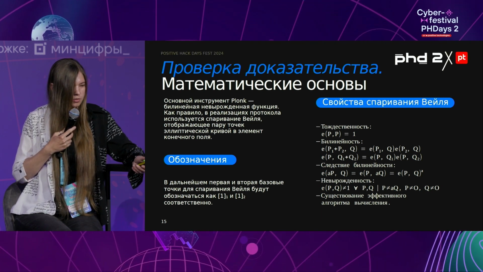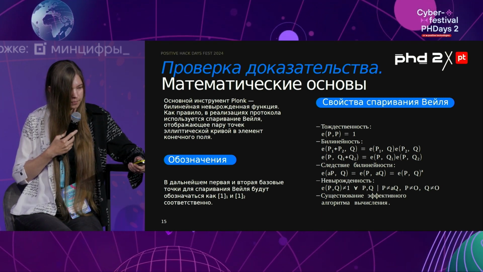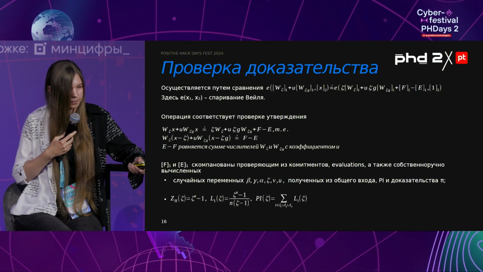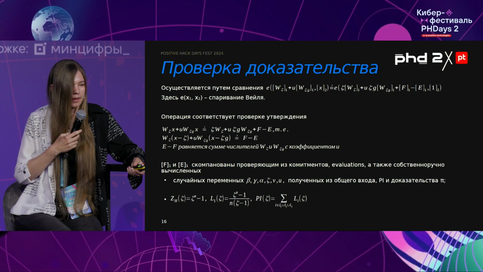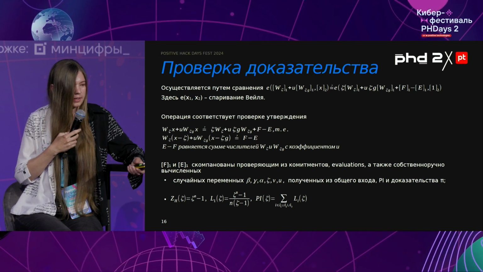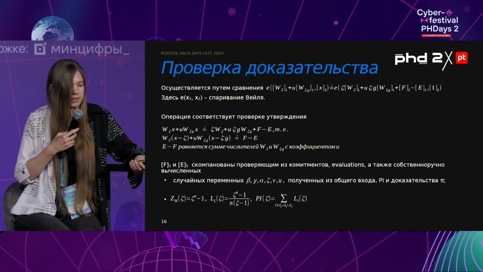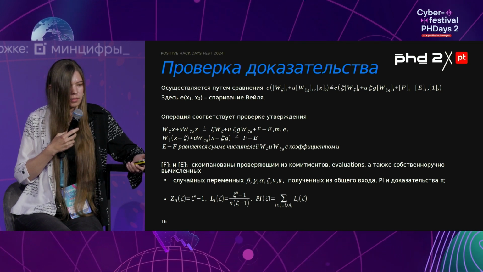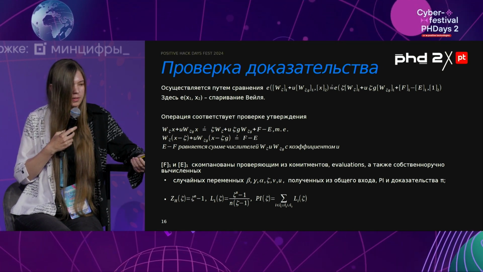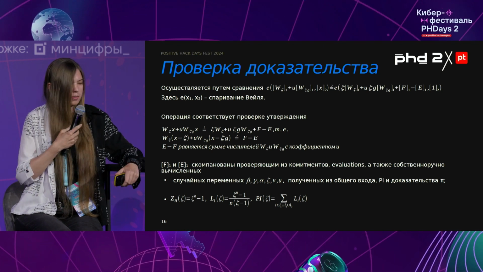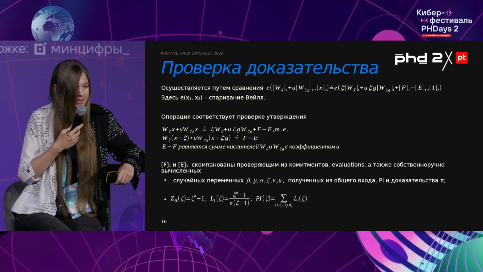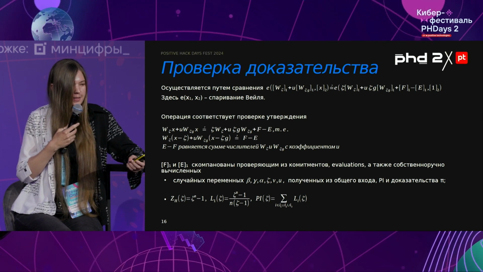These points will be expressed with indexes, in square brackets. How do we do the check of the proof? We compare the two Weil pairings. So now we move to the lower part of the slide.